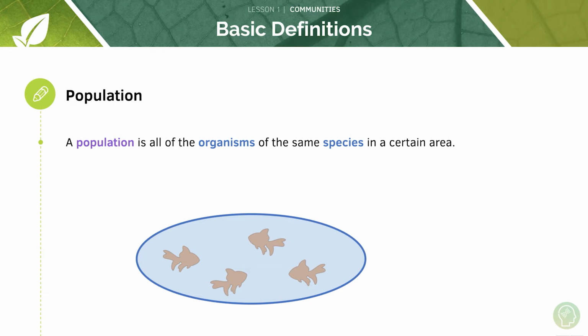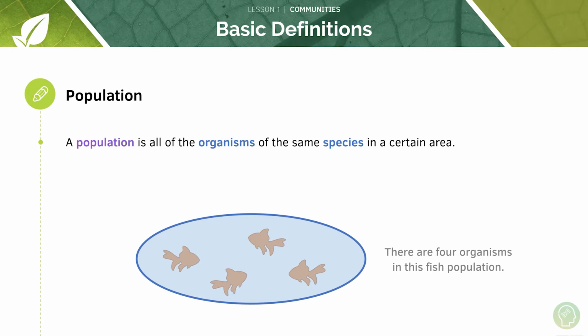The organisms have to be of the same species. So we're looking at the number of organisms of the same species, not of different species. For example, here there are 4 organisms in this fish population, and they are all in the same species.